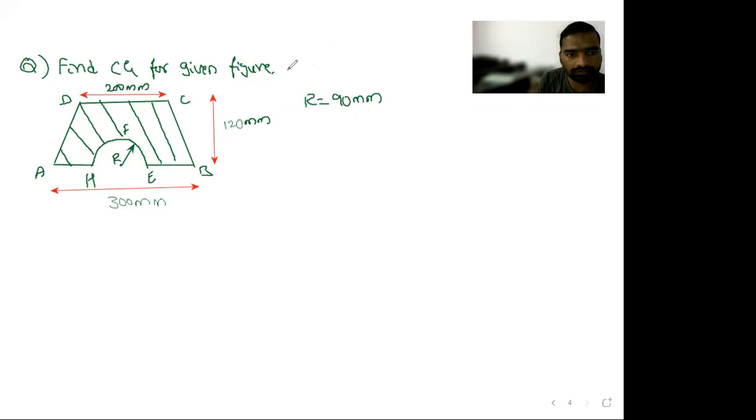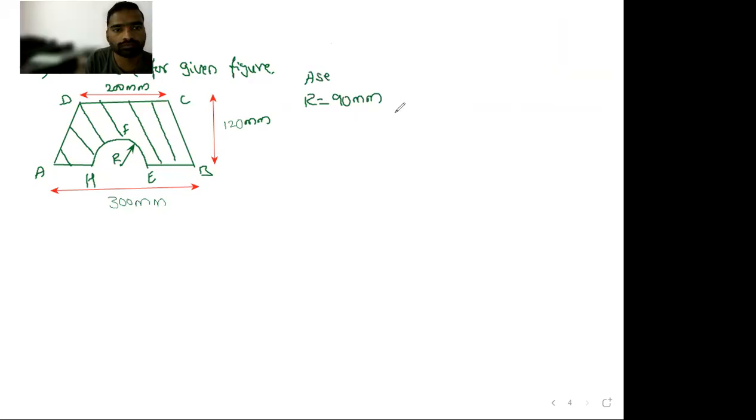A semicircle of radius R is equal to 90 mm is cut out from a trapezium. The given figure is a trapezium.